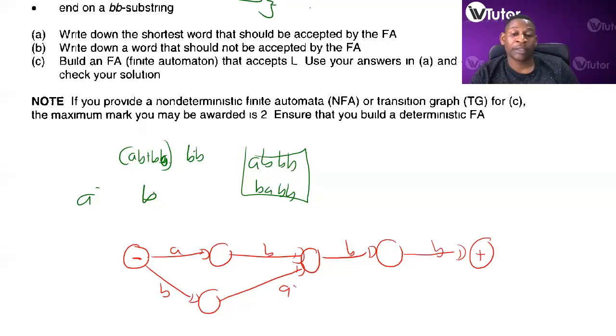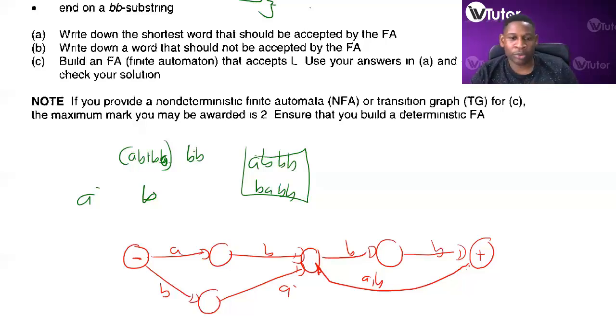The only time that we can get to a BB is when we are going to a final state. So after we get here, the only time we come with an A or a B is as long as we go back there with a BB.